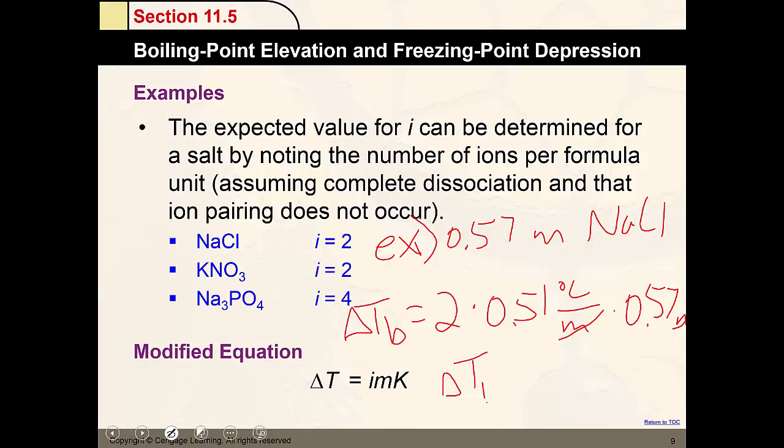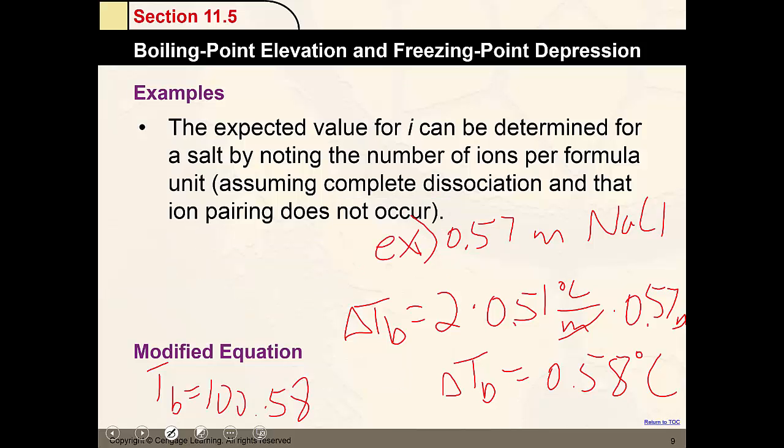And now the change in boiling point of this would be 0.58. So the change in boiling point would be 0.58 degrees Celsius, meaning the final boiling point of this solution, to add 100, would be 100.58 degrees Celsius.